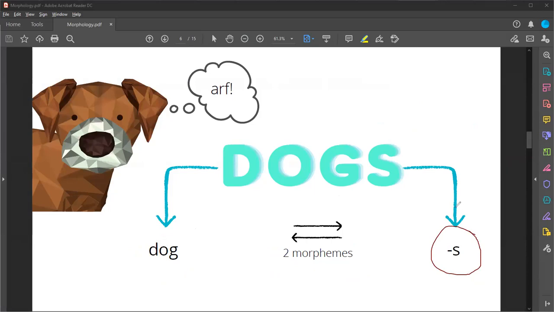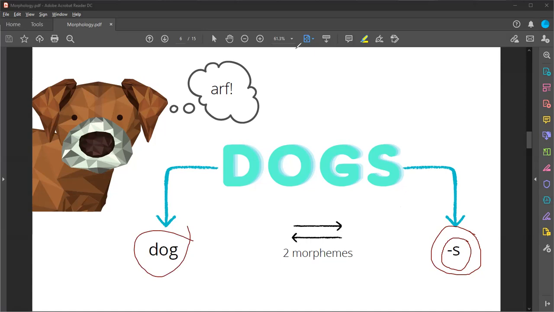This is a phoneme, sir. This is a phone, the smallest unit of language, but it does not comprehend meaning. The answer is, when we talk about morphology, this S, the sound S or the letter S, has its own meaning. Okay? So basically, we have two morphemes.